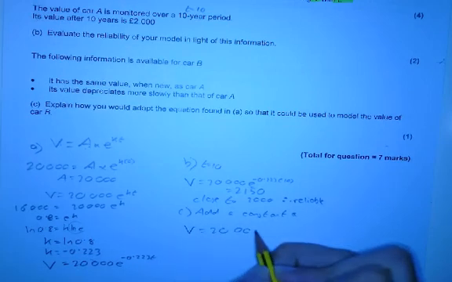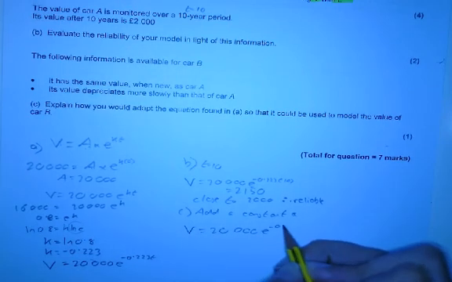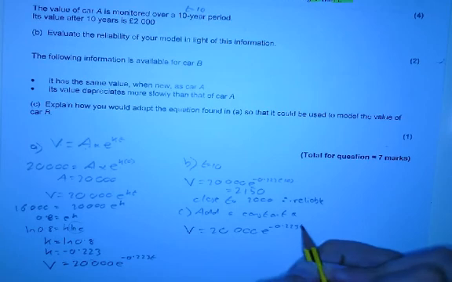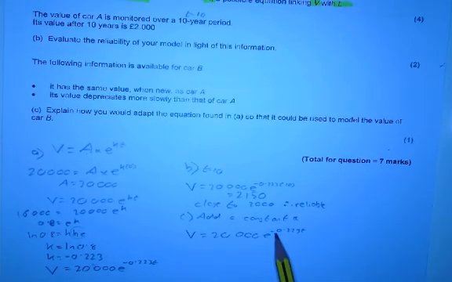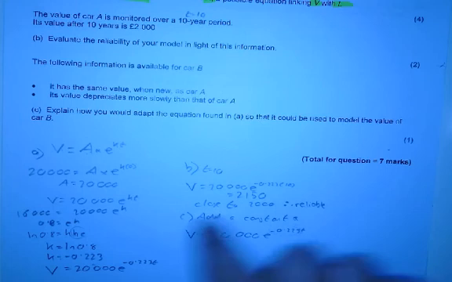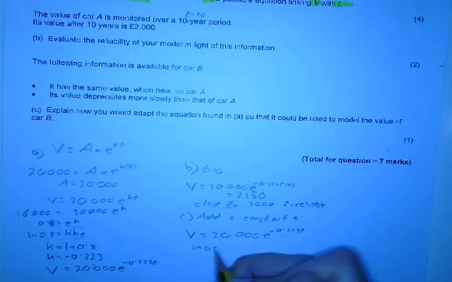Another way of doing it is, if we think about v equals 20,000 times e to the minus 0.223t, that coefficient of t could increase. It can't go above 0, because the second it does, the value increases. But we could make it bigger without it going over 0.